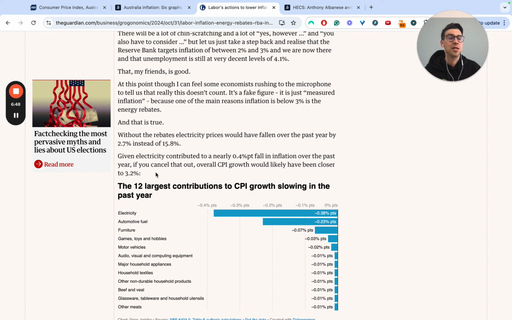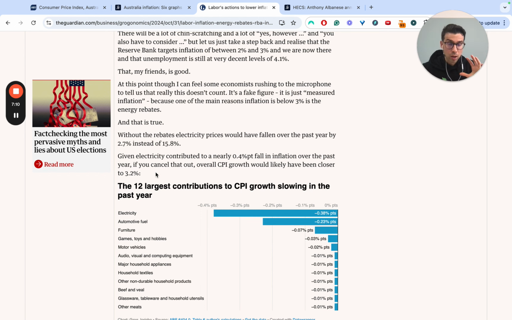So in other words, what he's saying is that for the headline, yes, we got it to 2.8 from 3.8. But if we weren't to factor in all of the government rebates and cost of living measures around electricity, it would have produced a headline inflation result closer to 3.2%, in other words, above the target.